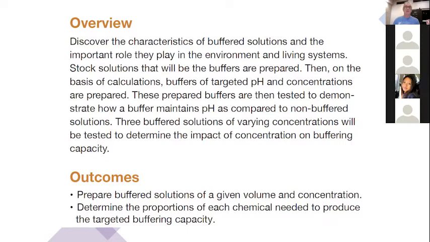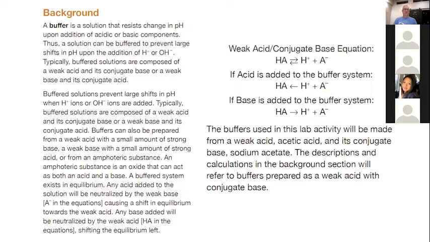So we're going to prepare buffered solutions. We're going to first figure out how much sodium acetate we should use to make a sodium acetate solution. We're provided with a 0.1 molar acetic acid solution, which is nice because we could have just diluted it from the vinegar we used last week, but I don't think we have to do that. So, as Eva mentioned, a buffer is a solution that resists big changes in pH.